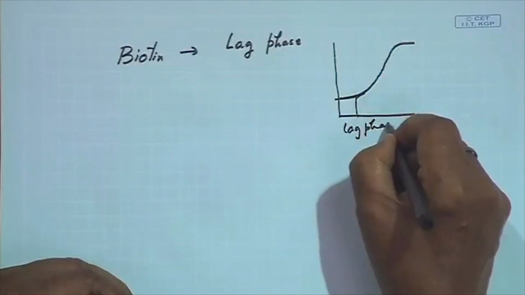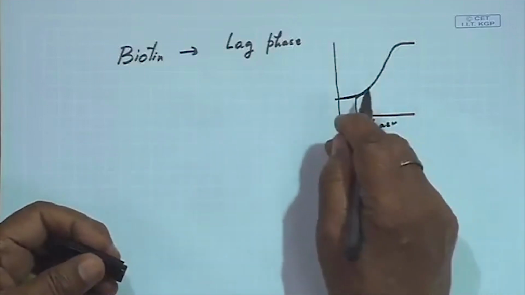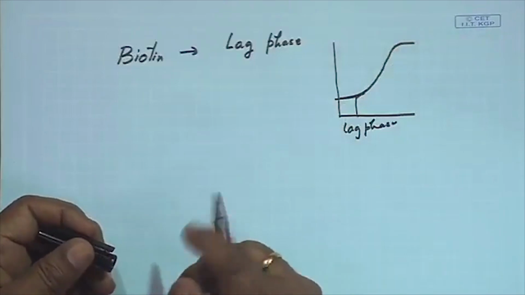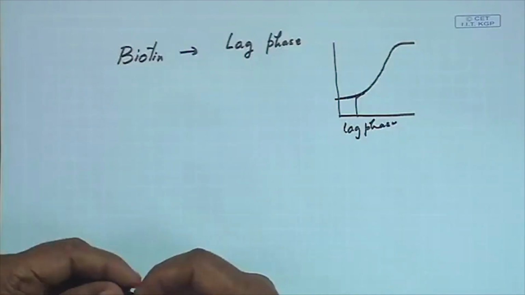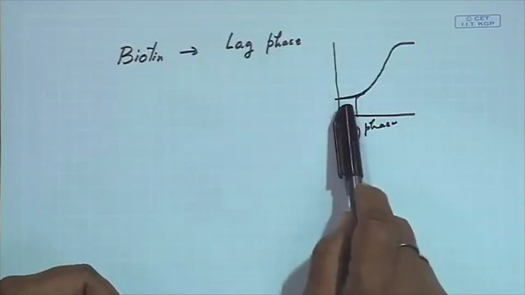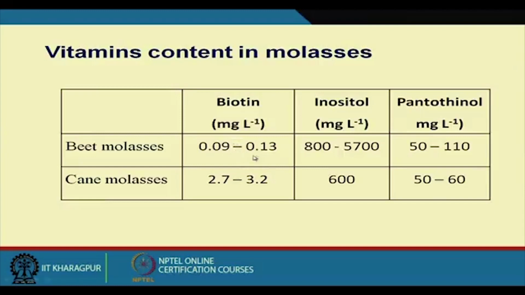This lag phase should be as small as possible. If we have a very short lag phase, then our fermentation time can be reduced drastically. So in the presence of biotin, the lag phase can be reduced. This is an essential component required in the fermentation broth.